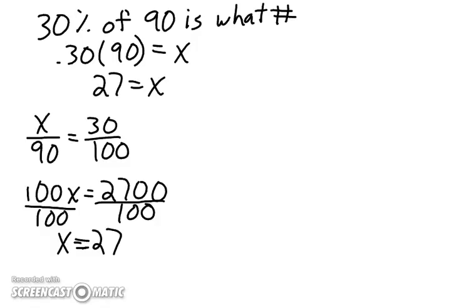The only other type of percent problem that we have to do here is how to find percent change. So this would be like if you're looking at a sale or a company is looking to mark a price up, something like that.